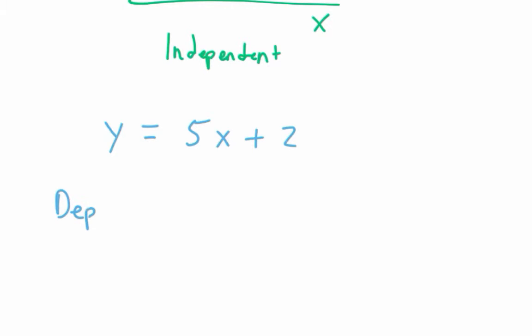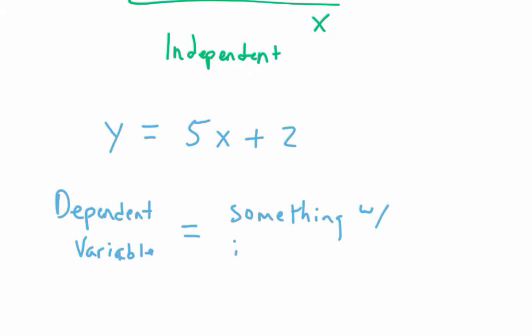So I'm going to write it here underneath the y. Dependent variable. Equals the other side, the side that often will have numbers and stuff with the variable, is going to be the independent variable. So I'll just write something with the independent variable.